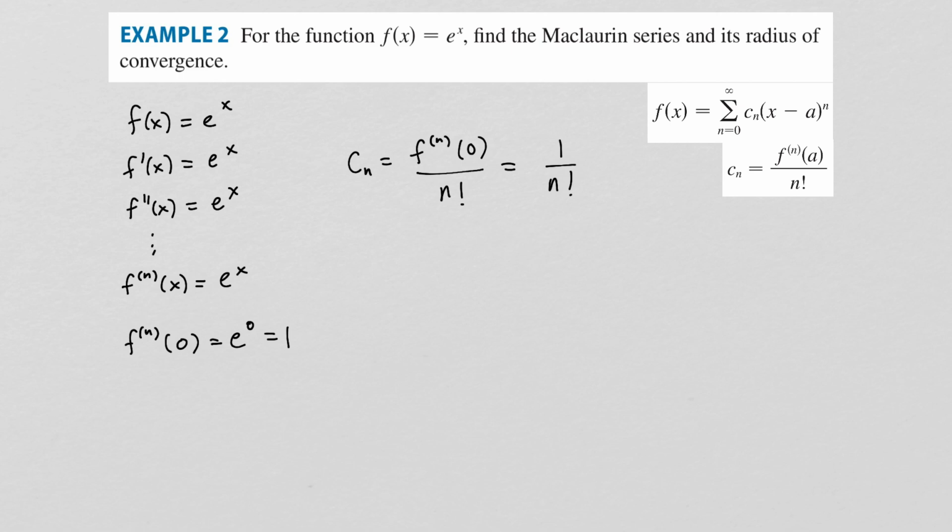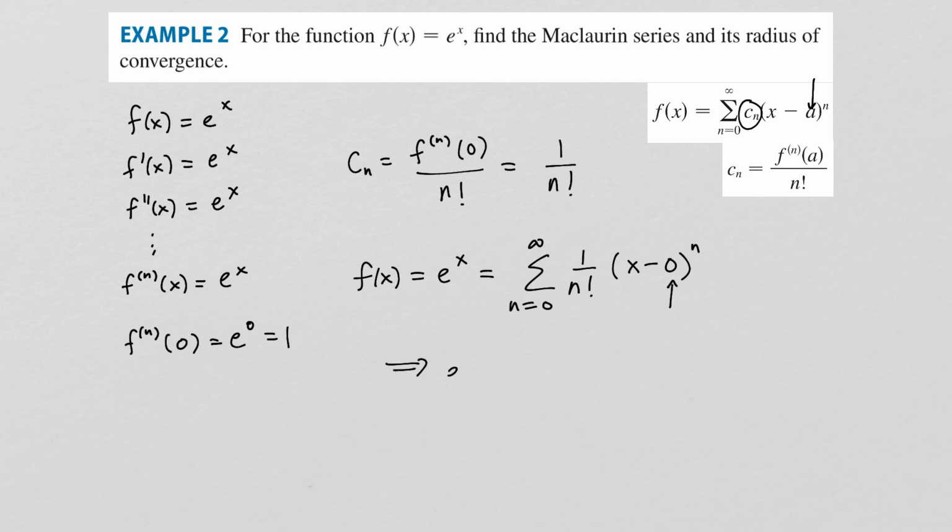So our function f of x equals e to the x is equal to the series, right, summation, Cn's, which is 1 divided by n factorial, times x minus 0 to the n. And again, we know it's 0 here because it is a Maclaurin series.